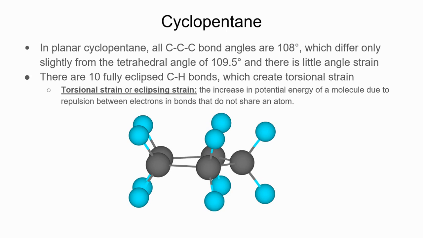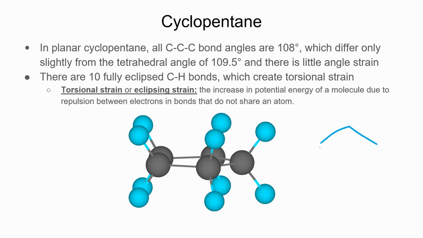So next up we have cyclopentane, and let's look at cyclopentane in a little more detail than we did before. So in planar cyclopentane, all of the CC bonds are, the whole thing is going to be planar. So these guys are all bisected by the same plane, and their bond angles are all 108.